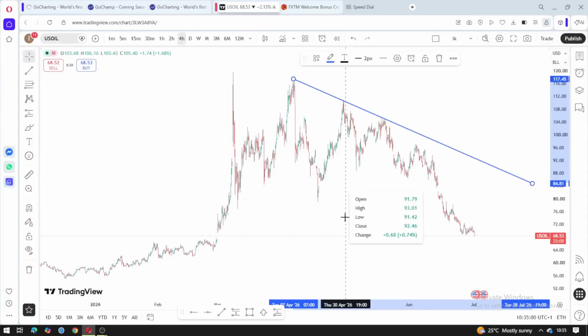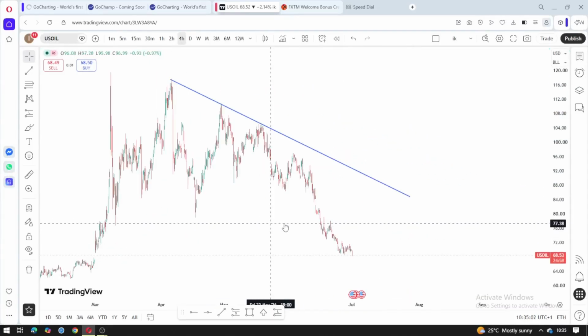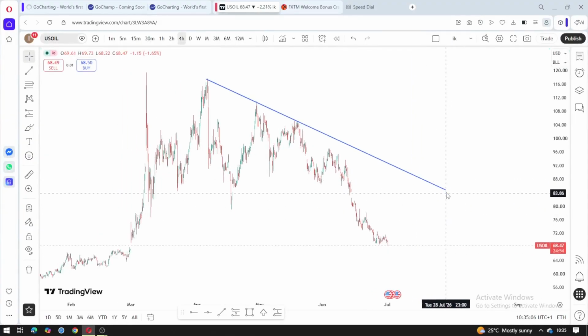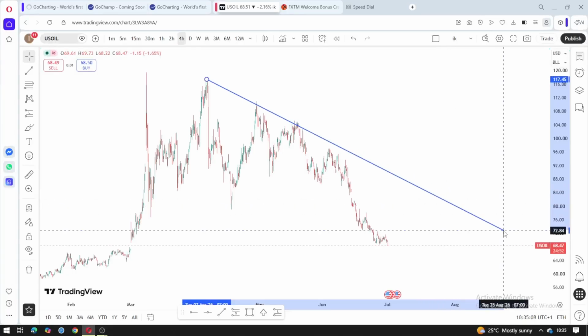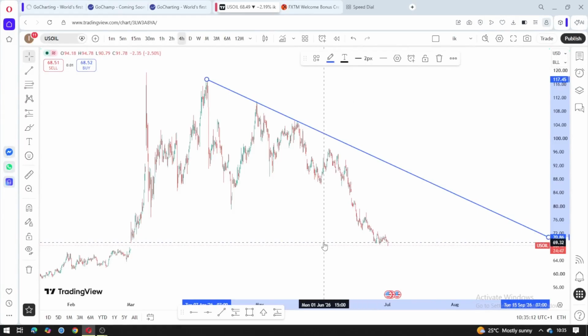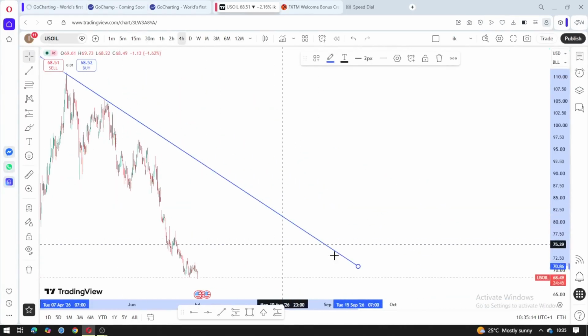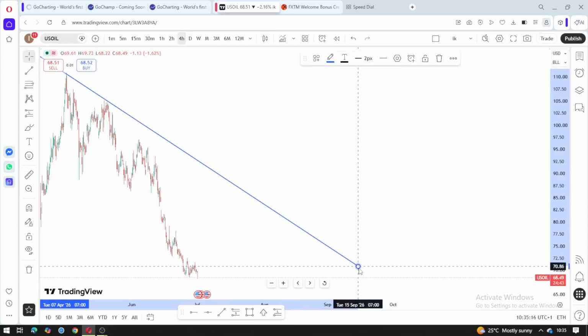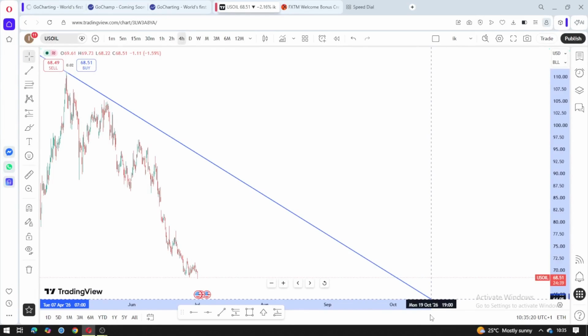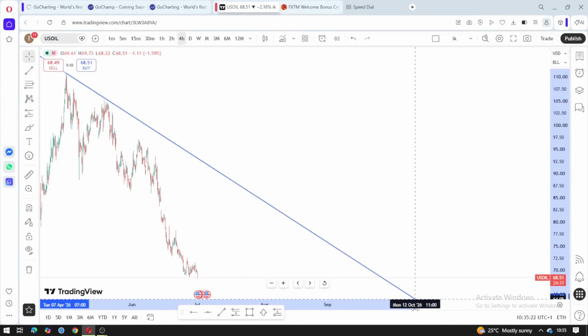I'm extending it after touching the tips. I'm just producing it to infinity or to wherever. Just keep producing, to be sure that it's touching.